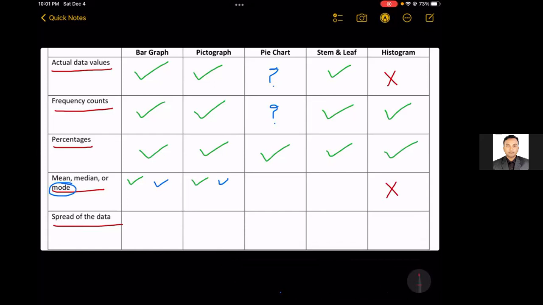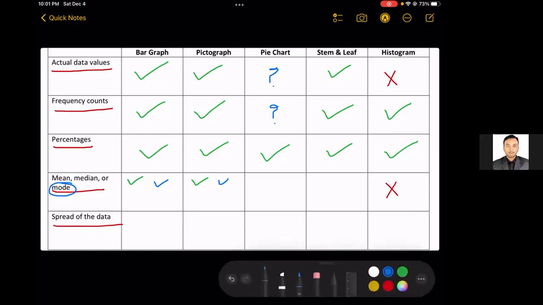But you cannot really find a mode from that, because that's for a certain range, and you don't know which value has appeared more times in that range. So you cannot calculate the mode, and for the same reason, it's impossible to calculate mean and median from that as well.